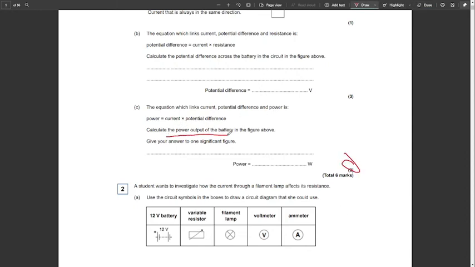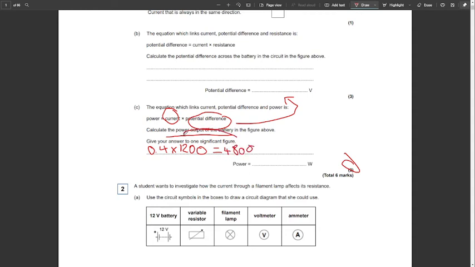Calculate the power output of the battery. And you've got potential difference, so you can make the assumption that that is going to be this. And you just need to use the current. So 0.4 times 120,000 gives you an answer of 4,800.